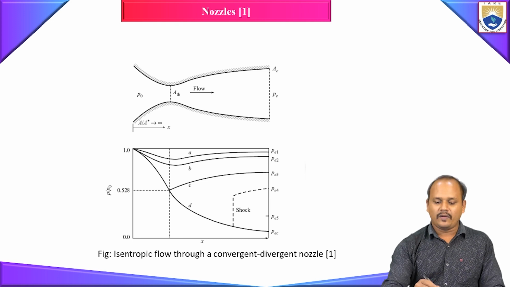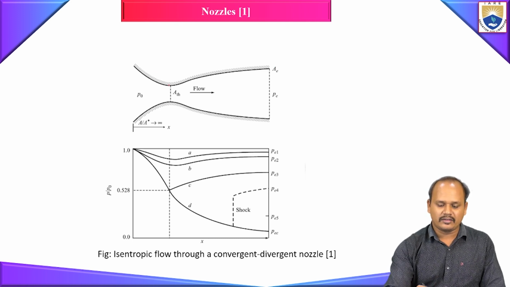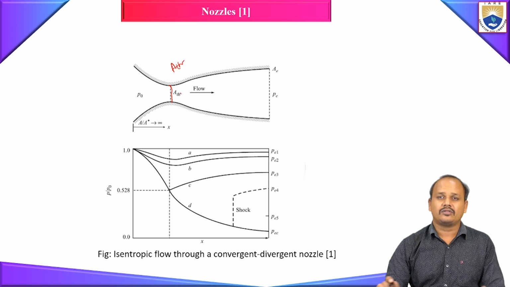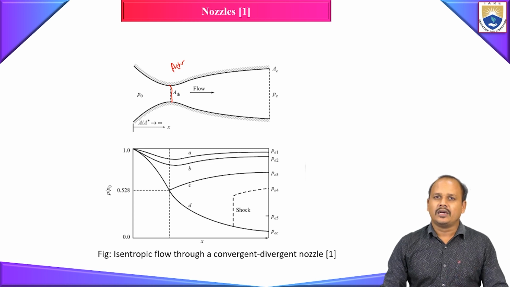Okay, so now let's take a De Laval nozzle or convergent divergent nozzle. As you can see here, we already stated the minimum area location is going to be the throat location. That means the throat location will have the minimum area compared to either inlet or outlet. The passage where we have the minimum area, we refer to as the throat.